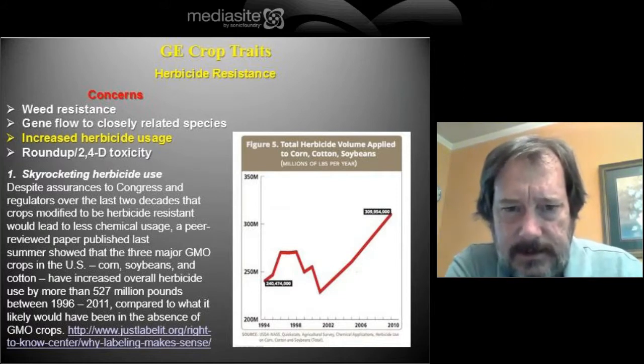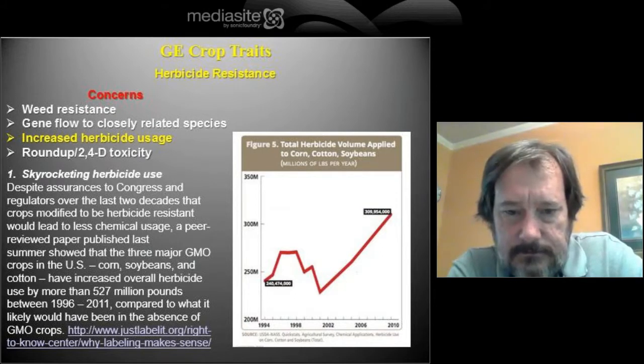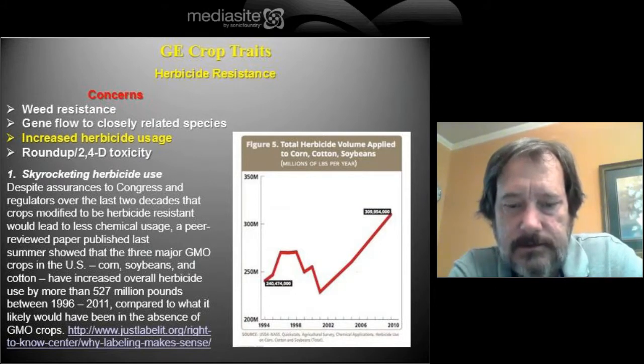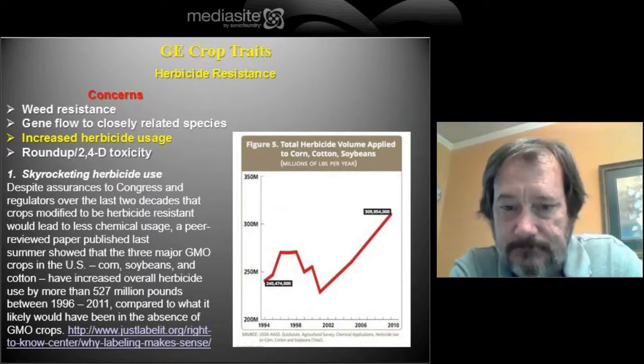Another concern that you hear about is increased herbicide usage, and here I have a quote from Gary Hirschberg, who's the chairman of the Just Label It campaign, and he's also the chairman of Stonyfield, an organic yogurt company. He says, despite assurances to Congress and regulators over the last 2 decades that crops modified to be herbicide resistant would lead to less chemical usage, that has not been the case.